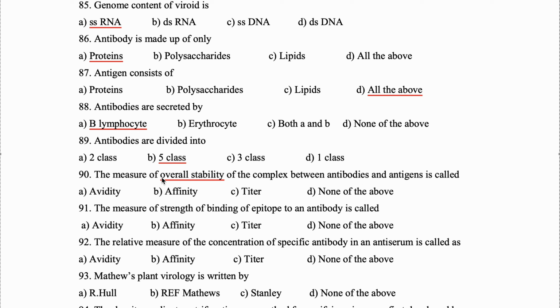When they ask about overall stability, it will be avidity. When they ask about measure of strength, it will be affinity. When they ask about measure of the concentration of a specific antibody, it is titer.